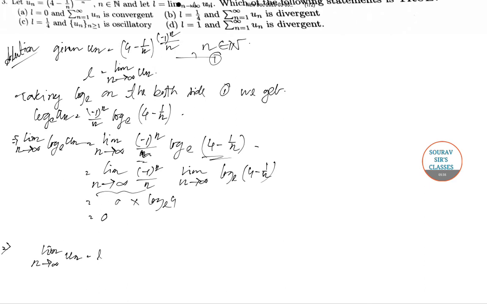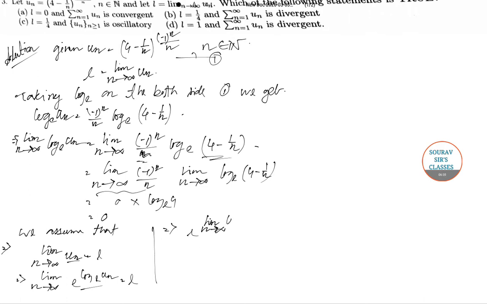We assume that limit n tends to infinity of un equals L, which implies limit n tends to infinity of e to the power log base e un, we can write in this form, because e to the power log base e un is un, which implies e to the power limit n tends to infinity of log base e un is equal to L.